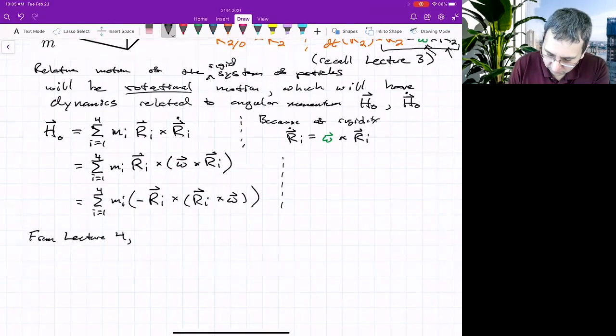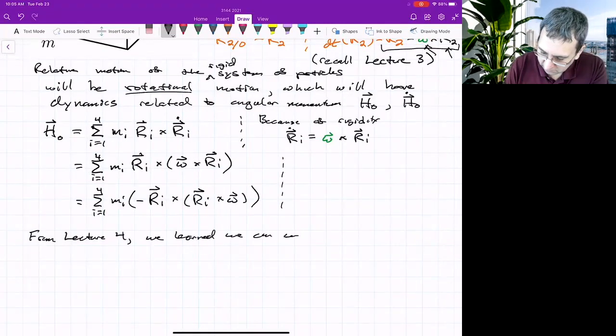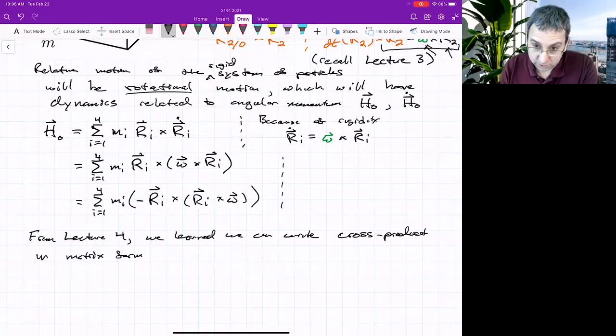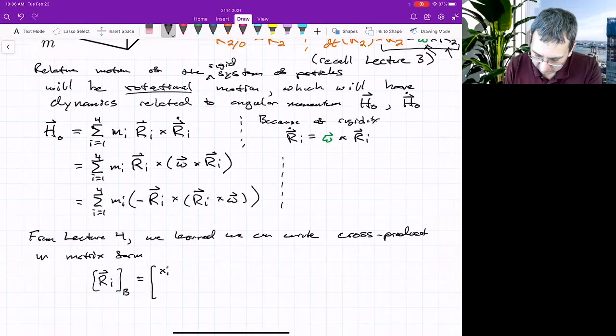So from lecture 4, we learned we can write the cross product in matrix form. So for example, in this case, if we've got Ri, and let's say we're going to write this in the B frame, the body fixed frame, maybe we'll call this xi, yi, zi.